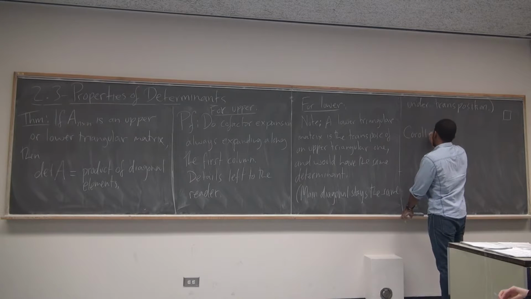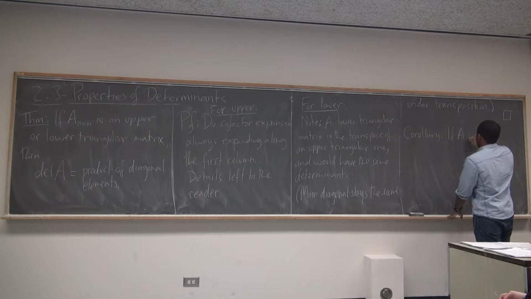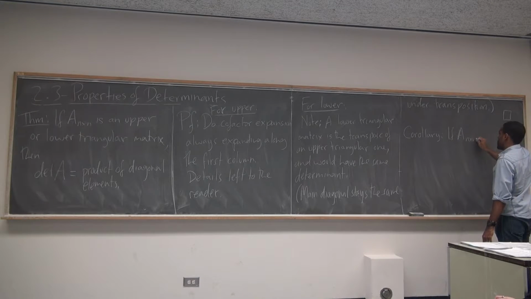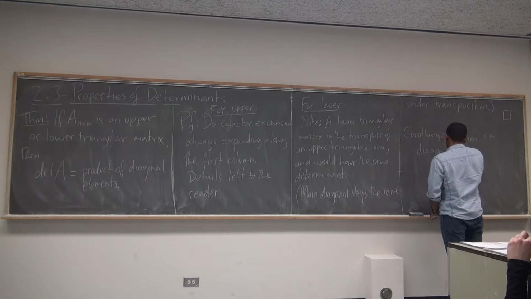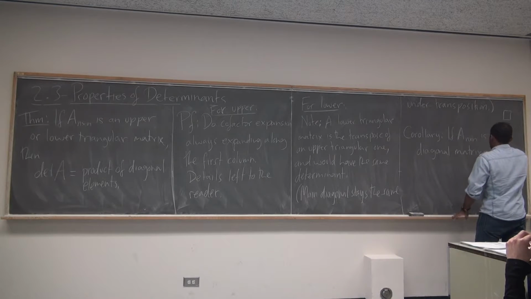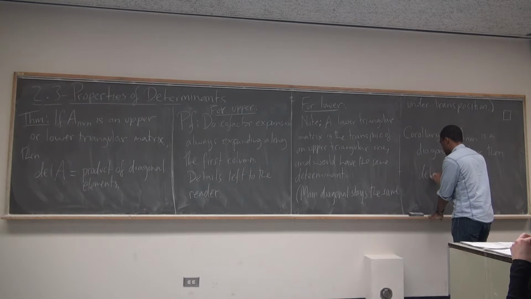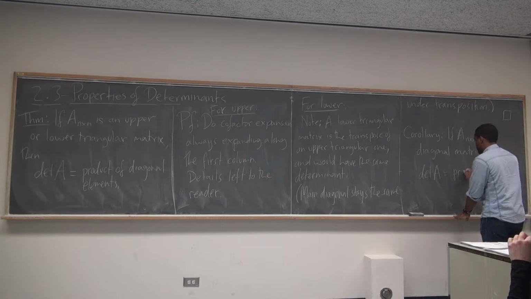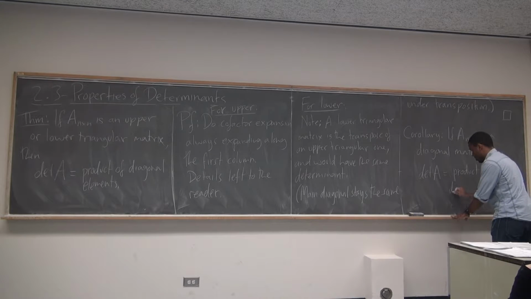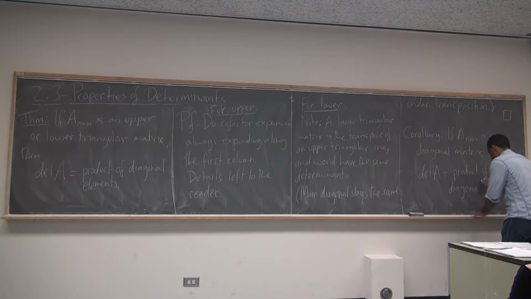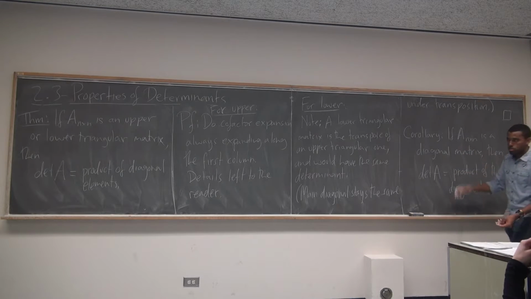Corollary. If A, n by n, is a diagonal matrix, then the determinant is also just the product of the diagonal elements, because it's both upper and lower triangular.